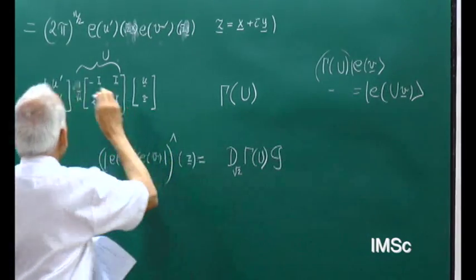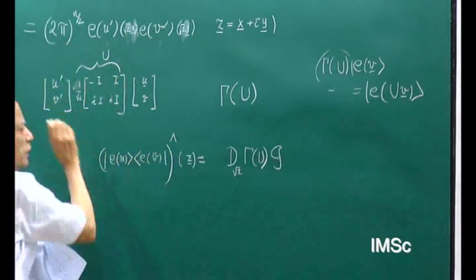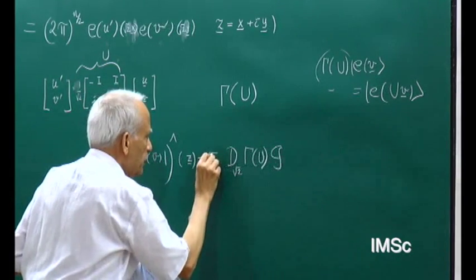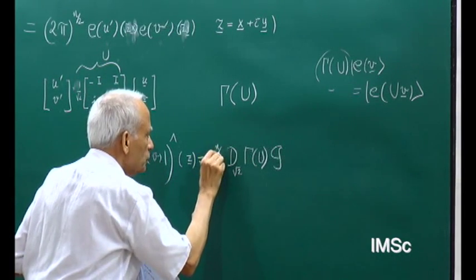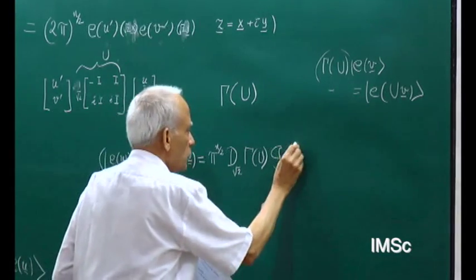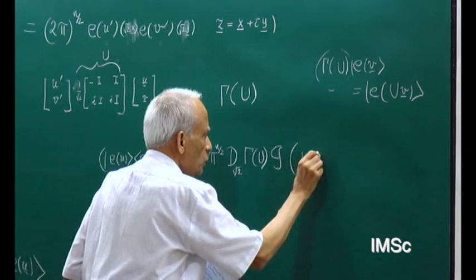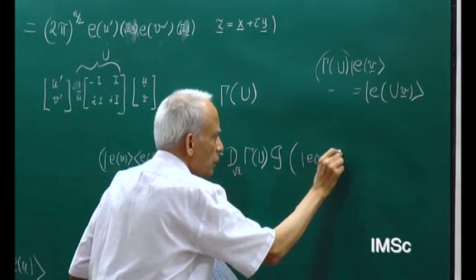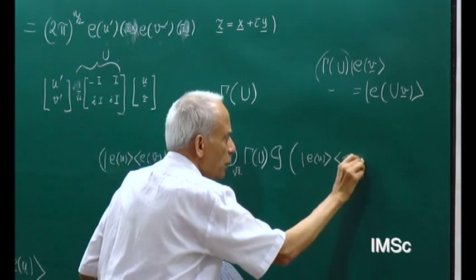So this 2 I have borrowed there. So it now becomes pi to the power n over 2. This applied to E(u) E(v) bar.